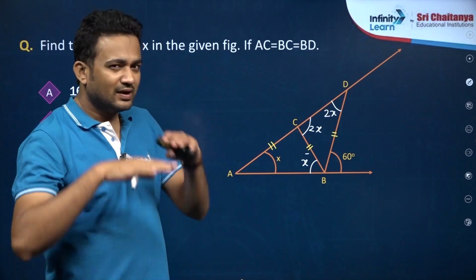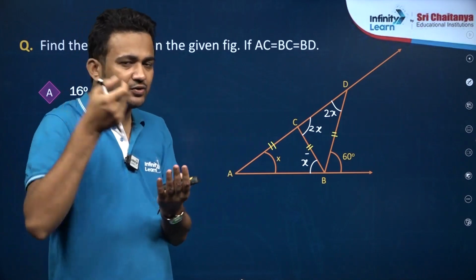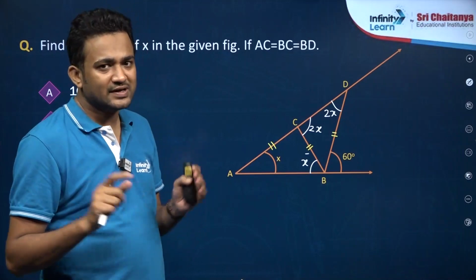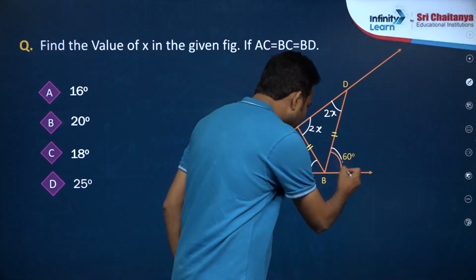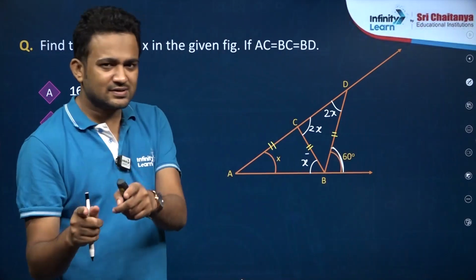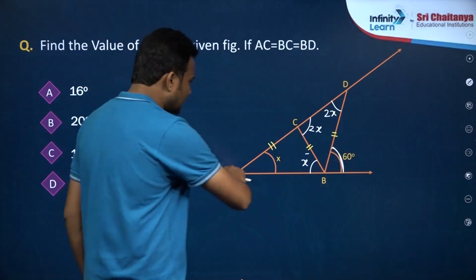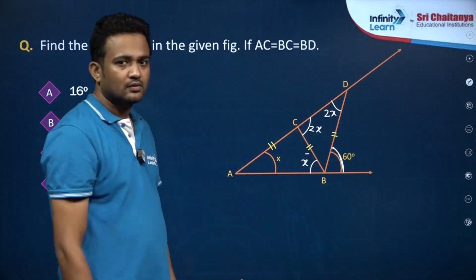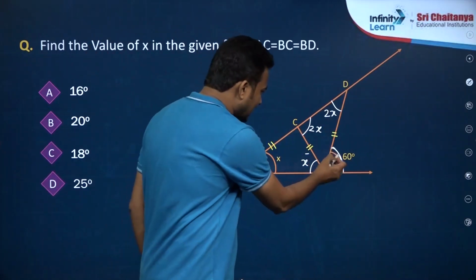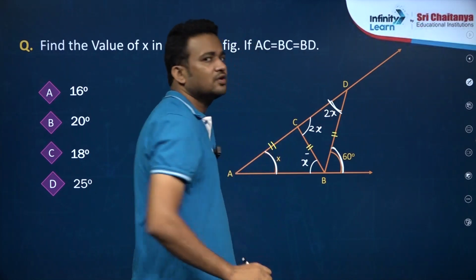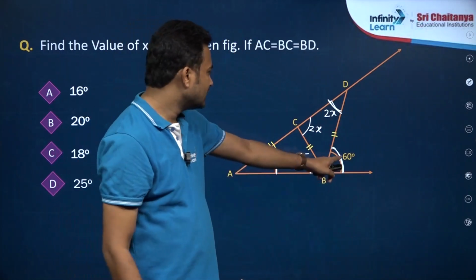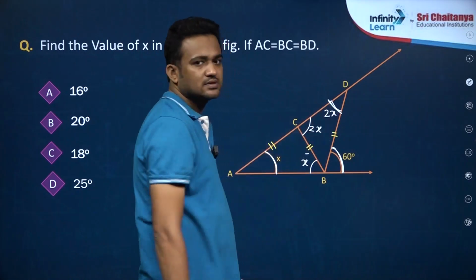Now guys, the last thing that should click in your mind. Yes, can you guess that? We have to find the measurement of this angle in the form of x. Can you do this? Yes. Just focus on triangle ADB. This is the exterior angle of these two interior angles, this one and this one. So we can say that this angle will be equal to x plus 2x.